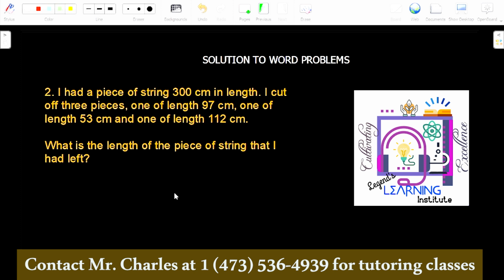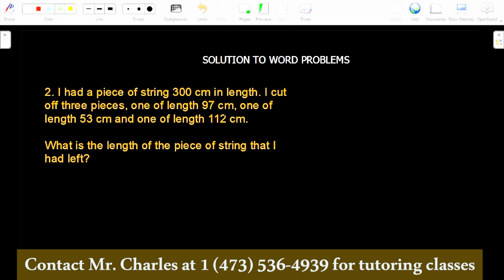So we have to find the sum of all the lengths cut off: 97 plus 53 plus 112.